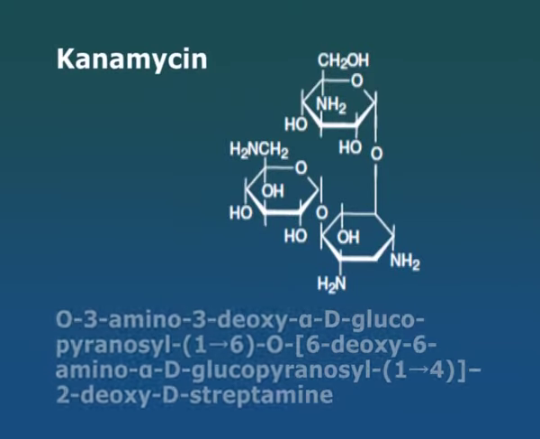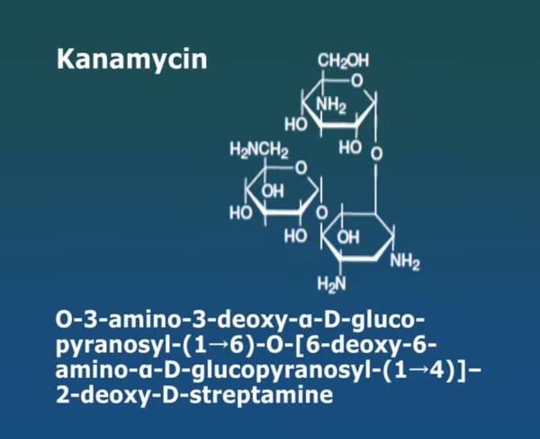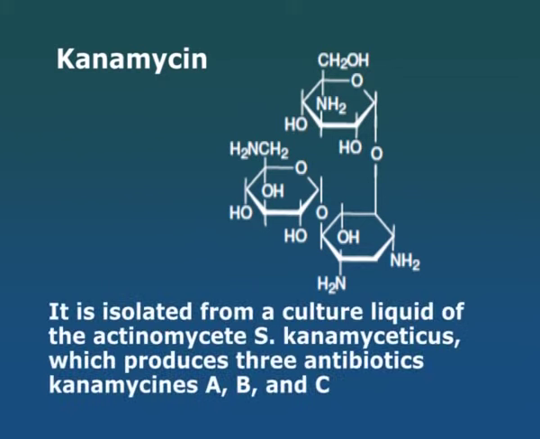Local use is preferred for infected skin diseases, infected wounds, conjunctivitis, keratitis, and others. Kanamycin. Kanamycin, that is O-3-amino-3-deoxy-alpha-D-glucopyranosyl-1,6-O-6-deoxy-6-amino-alpha-D-glucopyranosyl-1,4-2-deoxy-D-streptamine, is isolated from a culture liquid of the actinomycete Streptomyces kanamyceticus, which produces 3 antibiotics, kanamycins A, B, and C. Kanamycin A is similar to streptomycin and neomycins and has a broad spectrum of antimicrobial action.